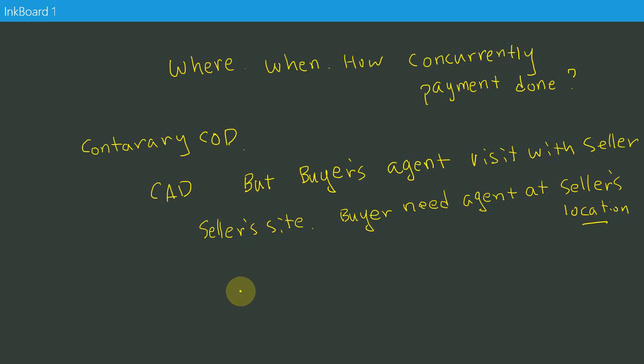In this case, the buyer's agent visits the seller and does inspections, to inspect whether the article is a proper one or not. And then if proved proper, we will purchase.